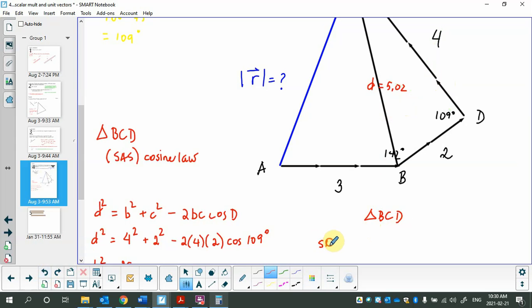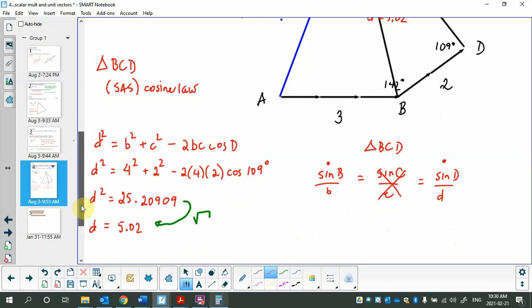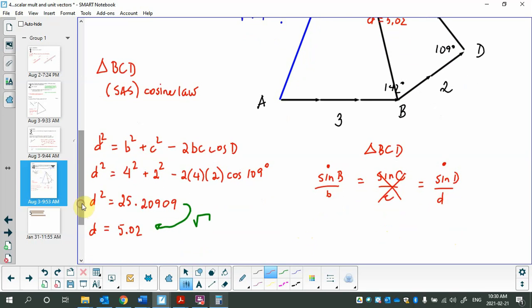So I've got sine big B over little b equals sine big C over little c equals sine big D over little d. And I'm going to need to use this part because I know all the D information and I care about the B information, so this is useless to me. I could find it, but it's not going to do me any good.